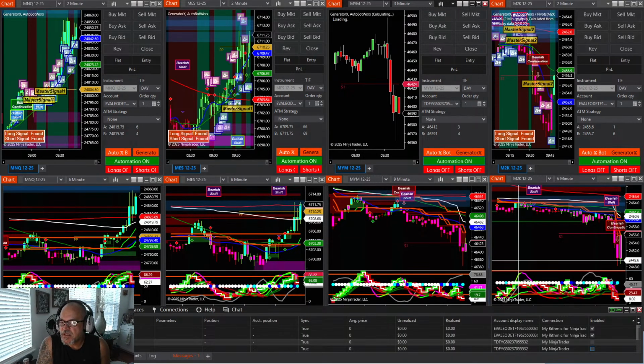YM and RTY seem to be acting about the same. RTY made a fair value gap through pivot point and is now trying to break back above, same as YM. So it looks like we got two markets headed in one direction and two markets headed in the other for the moment.